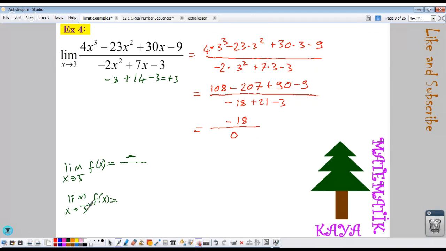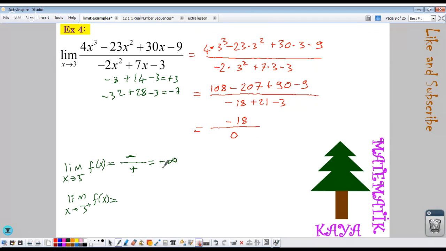What if I put a number bigger than 3, like 4? 4 squared is 16, minus 2 times 16 is minus 32, 4 times 7 is 28, minus 3. Minus 32 minus 3 is minus 35, plus 28, is minus 7. So when you put a number smaller than 3, you will get positive results. So the limit from the left will be equal to minus infinity.